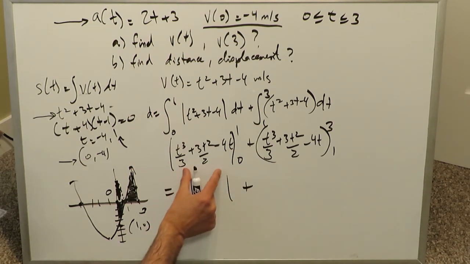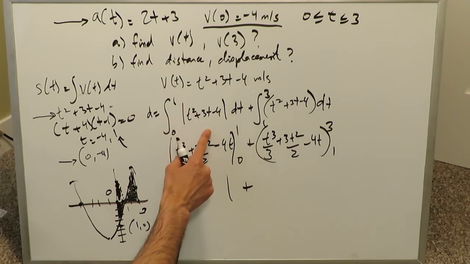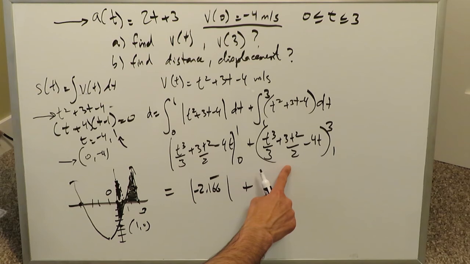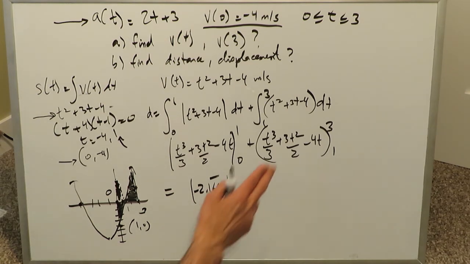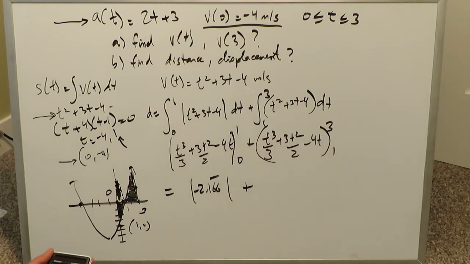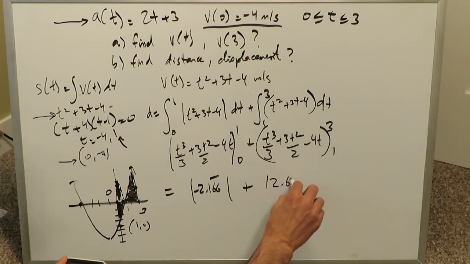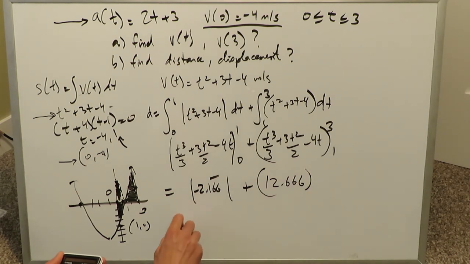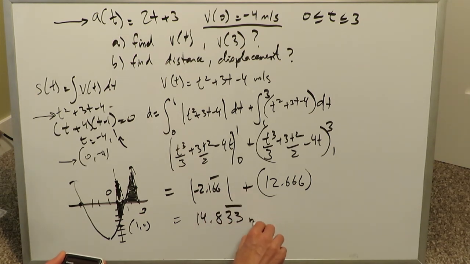In this area, the calculation using the interval of 1 to 0, I get minus 2.166 repeating. Here, let's bring in this value. You have to put upper limit 3, lower limit 1, and take the difference of the two. Here I get 12.666. When we add these up, this will become a positive. We're doing 12.666 plus 2.166, and I get a total distance of 14.833 repeating meters.